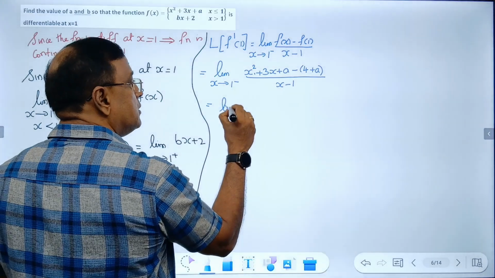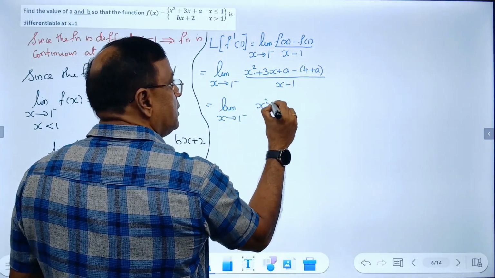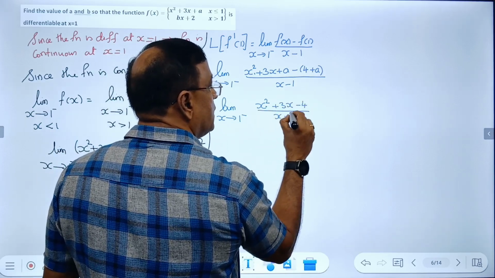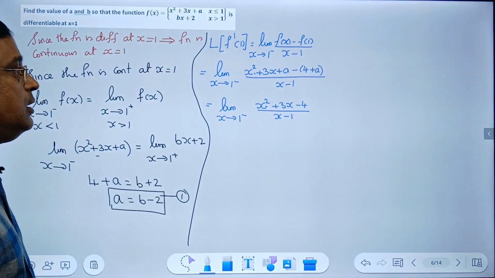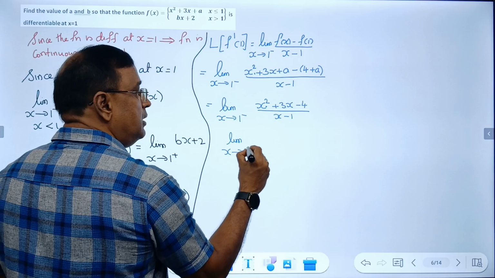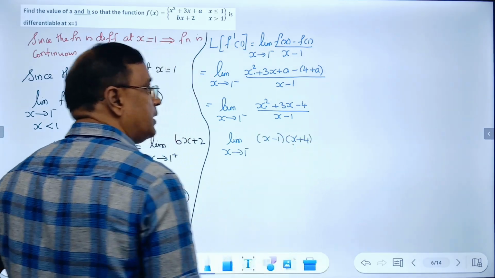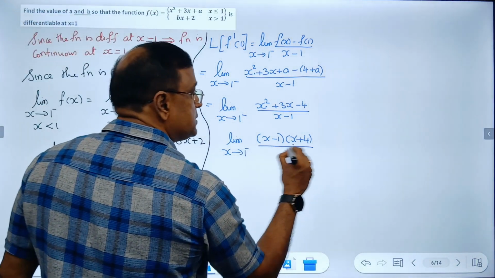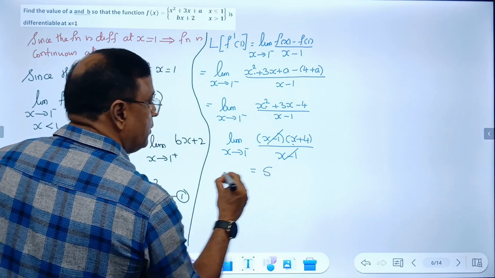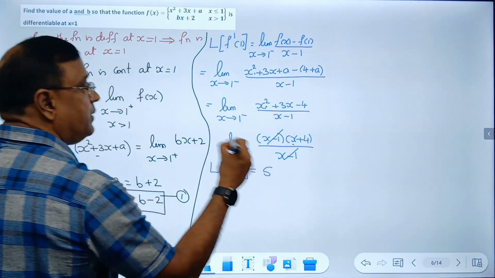This is limit x approaches 1 minus, x square plus 3x minus 4 by x minus 1. The a and a cancel. The numerator is a quadratic which can be easily factorized as x minus 1 into x plus 4, divided by x minus 1. So they get cancelled. When I apply the limit, you get 5. So my left hand derivative at 1 is 5.